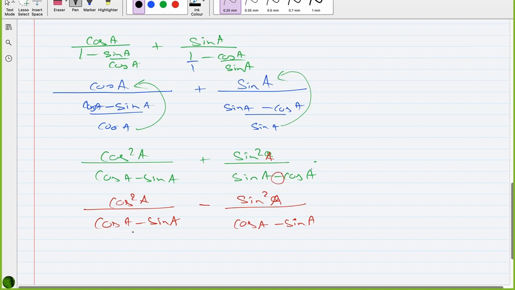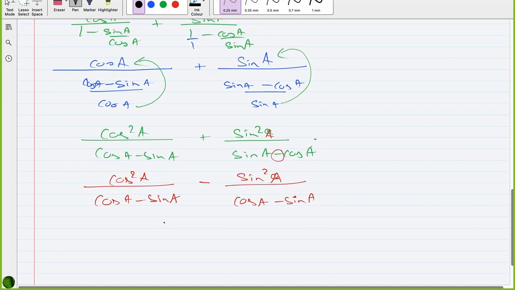Now I have the same denominator and I'm taking LCM, so this becomes cos of A minus sin A, and in the numerator I have cos square A minus sin square A.